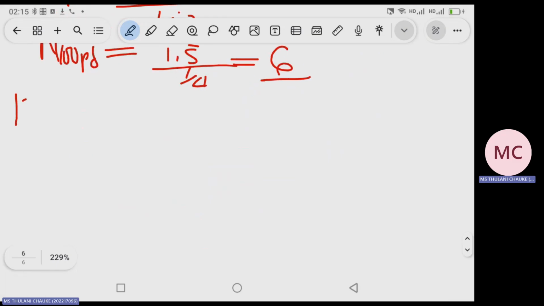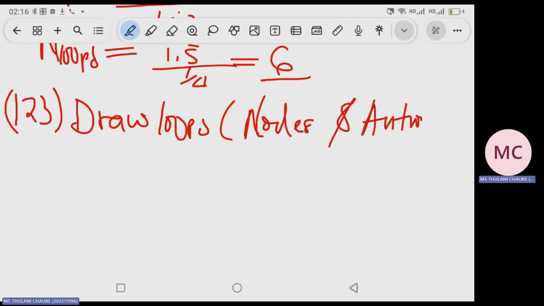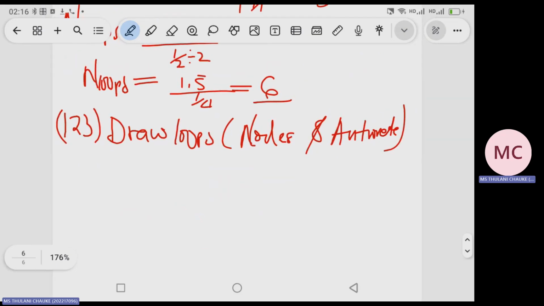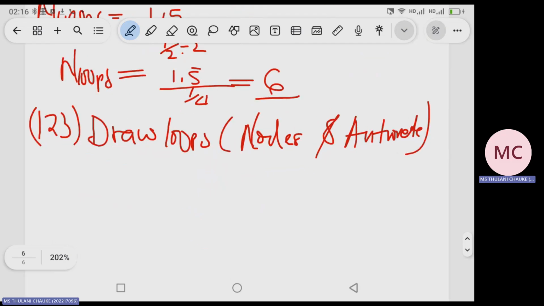Now the next question, they just wanted us to draw. If you are drawing the loops, remember the loop is divided into nodes and antinodes. So how many nodes will there be?